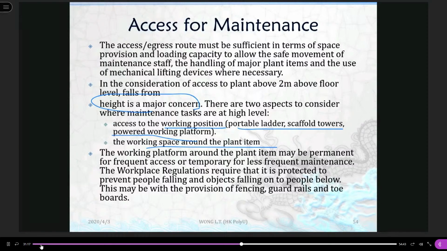The working platform around the plants may be permanent for frequent access, or temporary for less frequent maintenance. We do consider this, so that it still allows some space. The workplace regulations for different countries we may check against those workplace requirements.